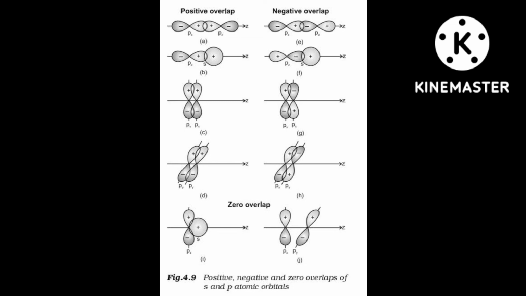That's why the structure becomes like this: NH3 with N-H covalent bonds, and near the lone pair the HCl will come. The lone pair will be given to H with an arrow sign, and then you can write HCl.